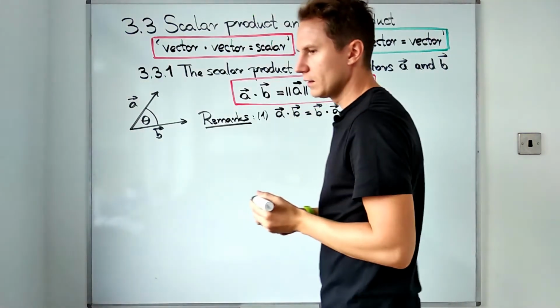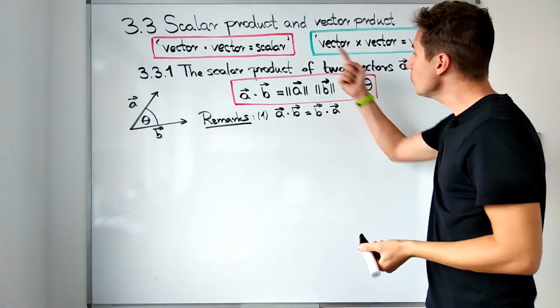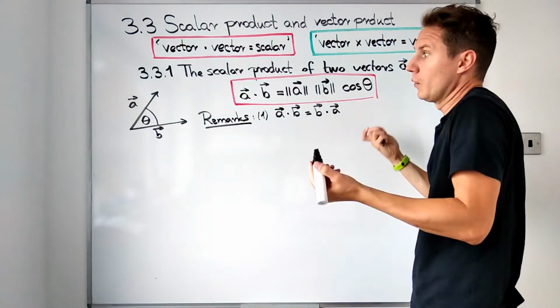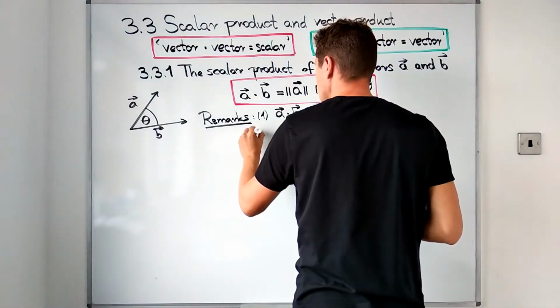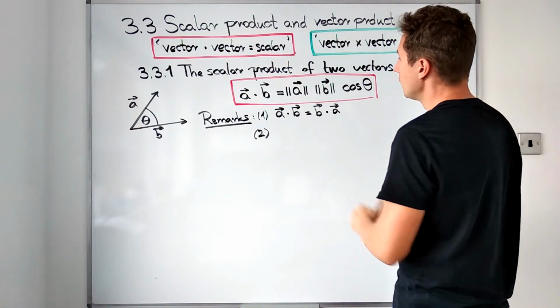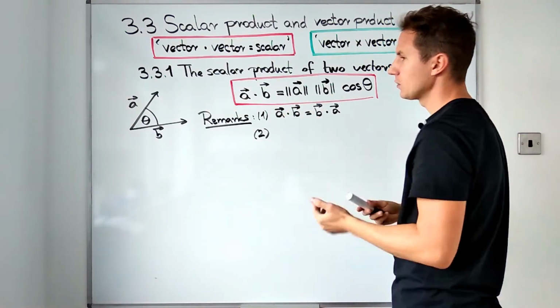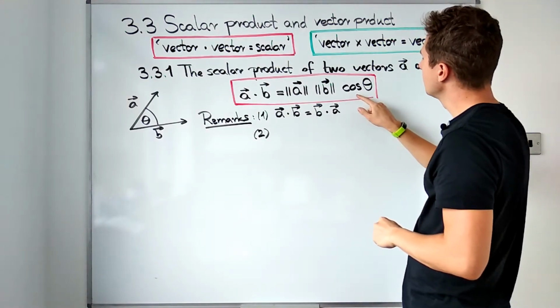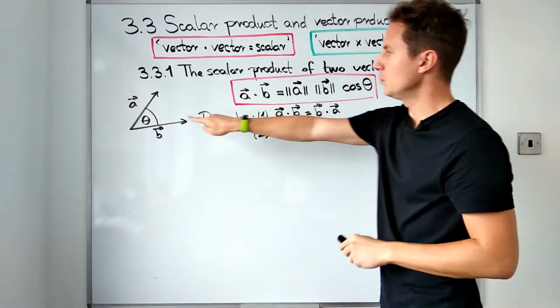Okay. The next thing is, well, you might be wondering, what is the scalar product good for? I mean, what does it do for us? Well, for that we just have to look at the formula. First of all, it has the length of each vector included in it, but more importantly, it has the cosine of the angle between the two vectors.